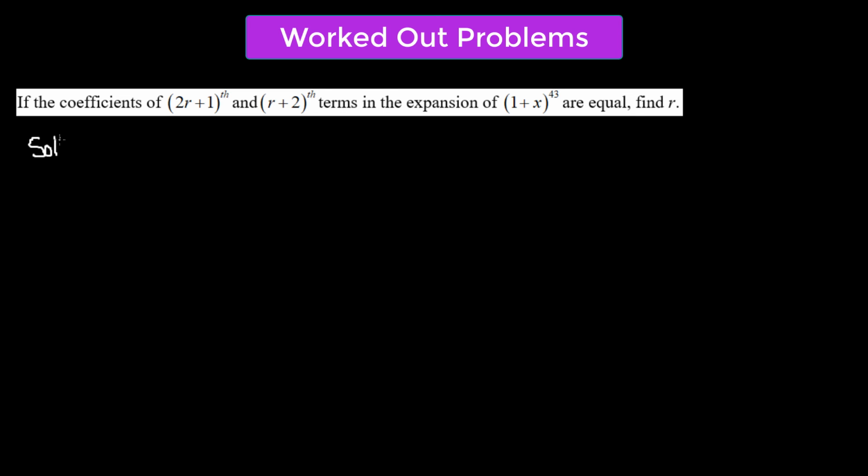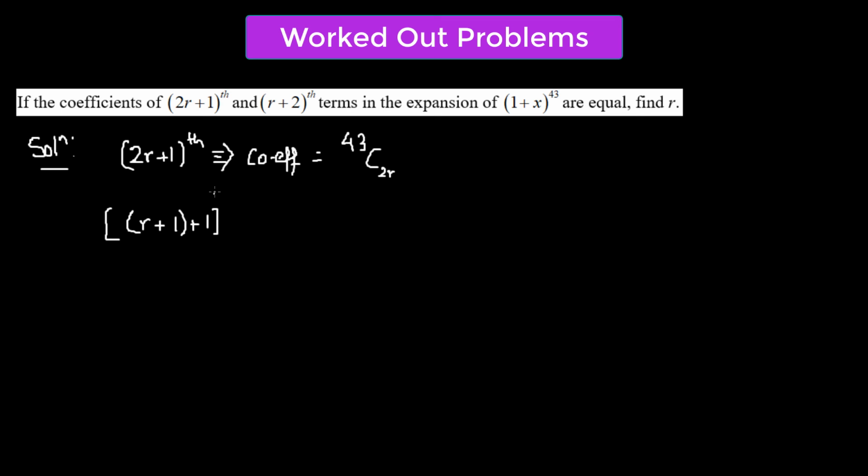So same as the previous one. The 2r plus 1th term can also be written as: the coefficient would be 43C(2r). And for the r plus 2th term, we can write r plus 1 plus 1 term.